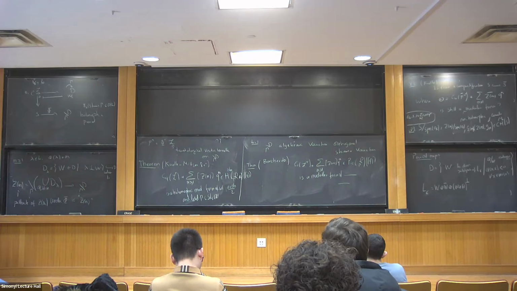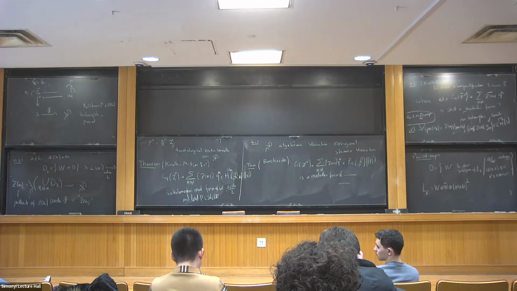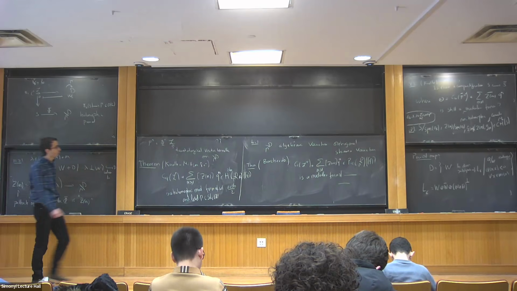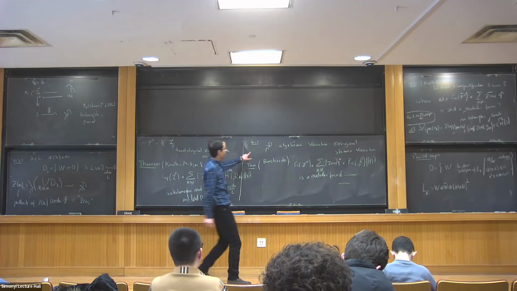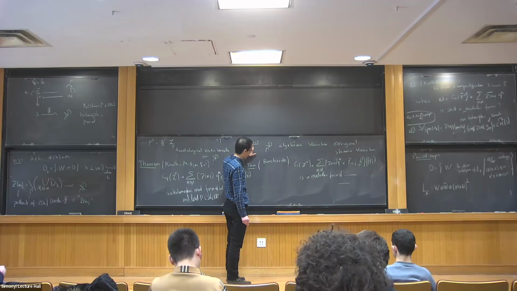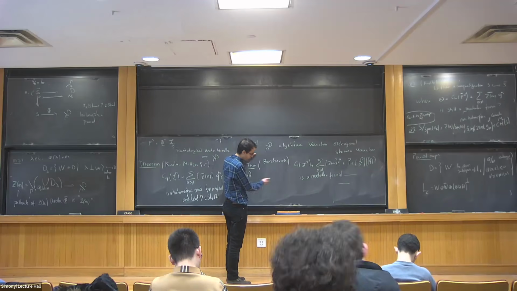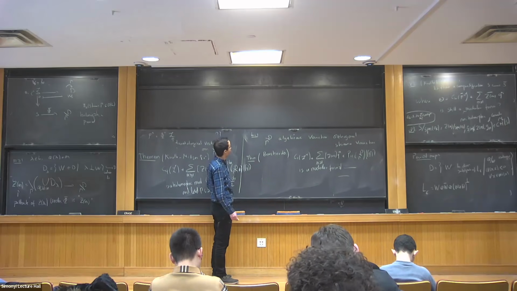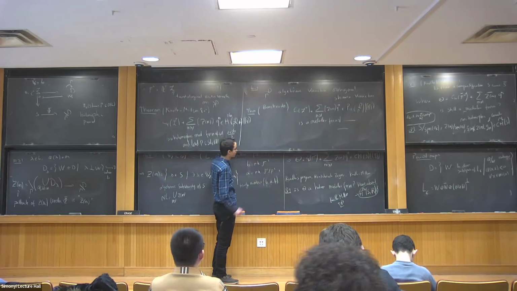Okay, so let me just do some examples. The case where B is equal to 1 is really interesting because the Shimura variety in this case parameterizes K3 surfaces, at least when A is not less than 19.